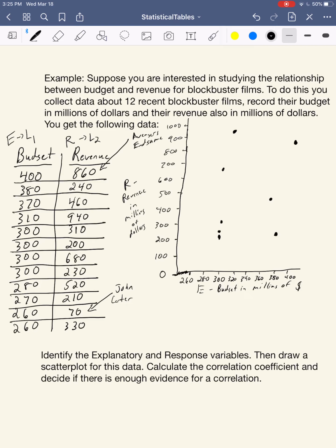Okay, we also had 280 and 520, so that's somewhere up there. We also had 270 and 210, so that's probably somewhere right about there. And then we had 260 and 70, so right in there. And then we also had 260 and 330, so maybe somewhere right in about there.